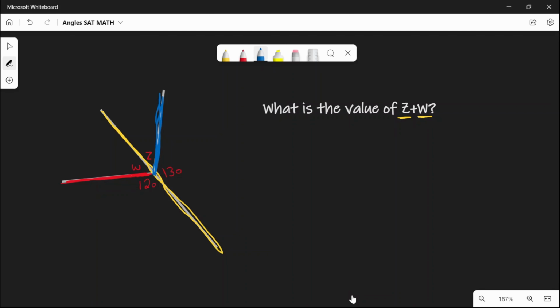However, we know that all these angles together is equal to 360 degrees. So W plus Z plus 120 plus 130 is equal to 360 degrees. 120 plus 130 is equal to 250.